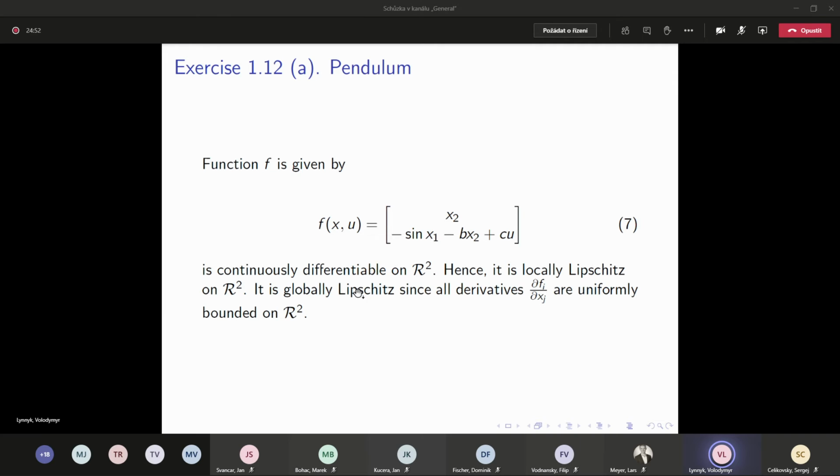It is continuously differentiable on R2, hence it is locally Lipschitz on R2, because we can calculate a Jacobian, and when we calculate a Jacobian, we can see that all derivatives are uniformly bounded on R2, and therefore this function is globally Lipschitz. Any question here?